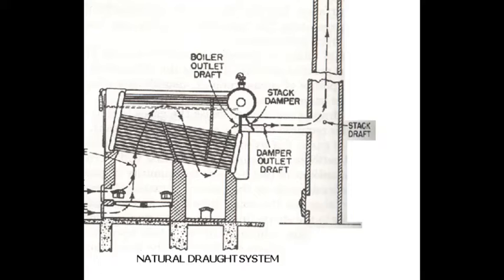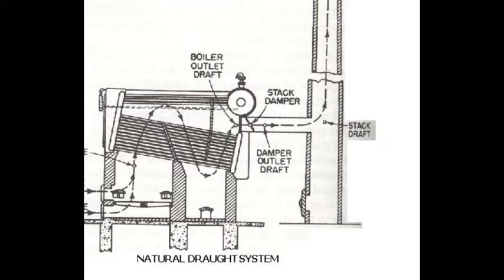In natural draft system, we introduce air within the combustion zone of the furnace without the help of any fans or external equipment. When this air participates in the combustion and flue gas is generated, this flue gas is passed through a stack or chimney, and while passing through the chimney we observe that the flue gas has a density which is less than the air density.